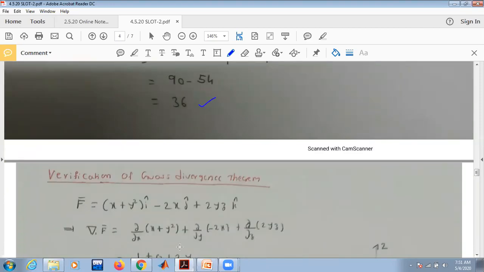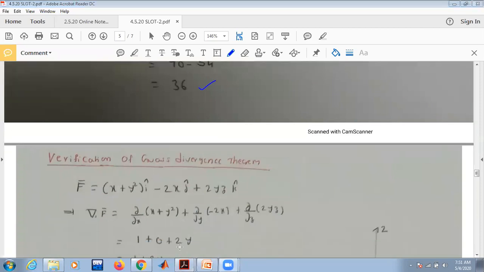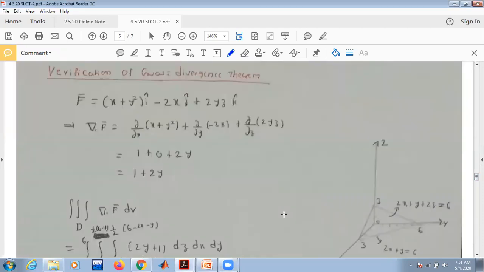So f bar is given as x plus y square i bar minus 2x j bar plus 2yz k bar, and you need to compute the divergence of f bar. Divergence of f bar is dou by dou x of the first component plus dou by dou y of the second component plus dou by dou z of the third component.